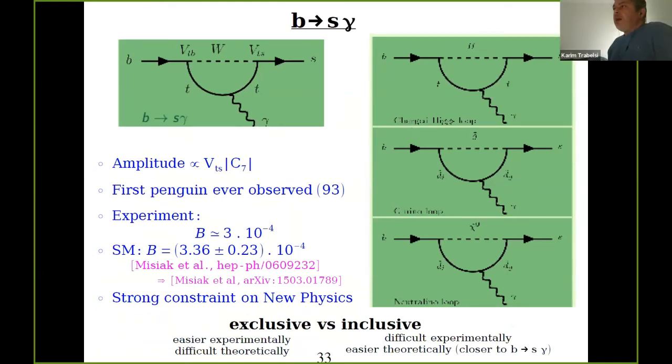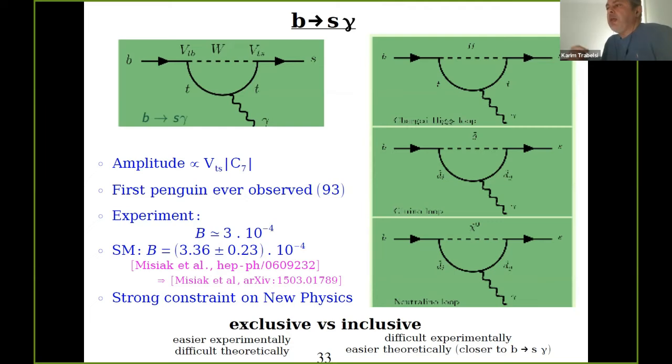Okay, so now let me finish this part with a limitation I have talked about. So the branching ratio, as I said, we have seen that we are able to reconstruct the B in different final states in the exclusive mode. So we look at K star gamma. We can also do the same game for K pi pi and so on.